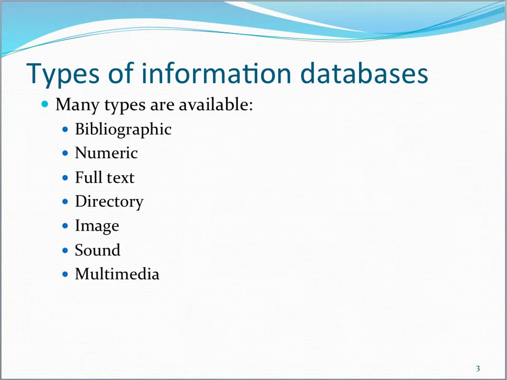So what types of database do we have? The one I was mentioning, a catalog, is a bibliographic database. We have numeric databases, full text databases, directories with links, and image, sound, and multimedia. A multimedia database combines all the media that can be displayed in the computer, so we have text, images, and of course sound.